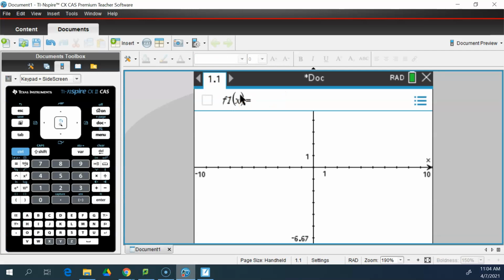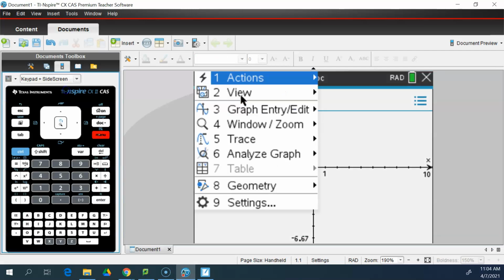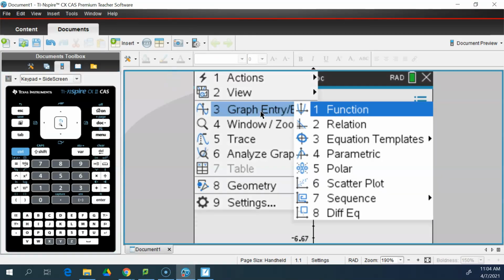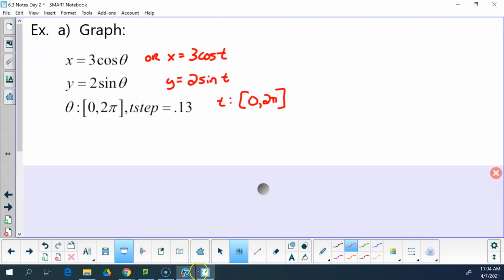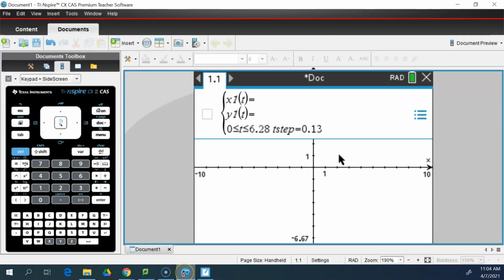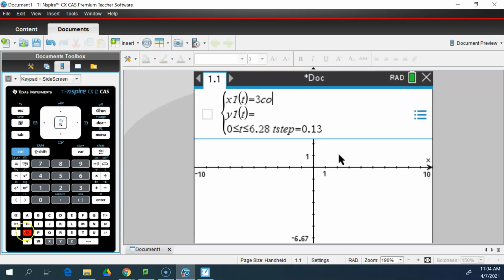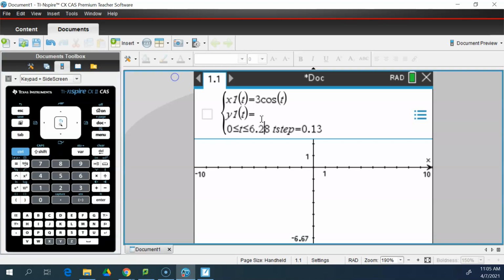So you need to be in parametrics over there. And when we say 3 cosine and 2 sine, so x is 3 cosine t and y is 2 sine of t.